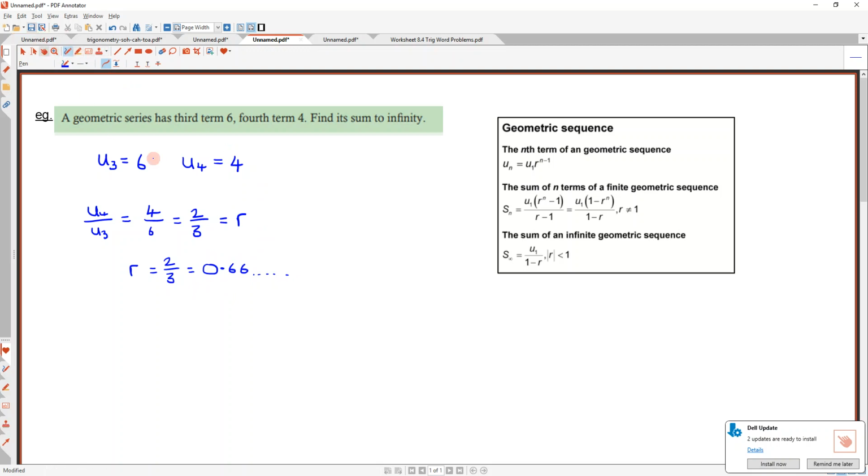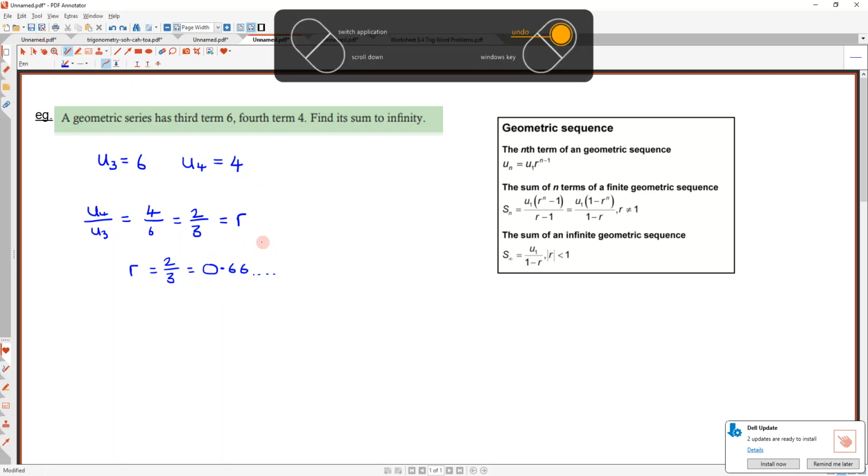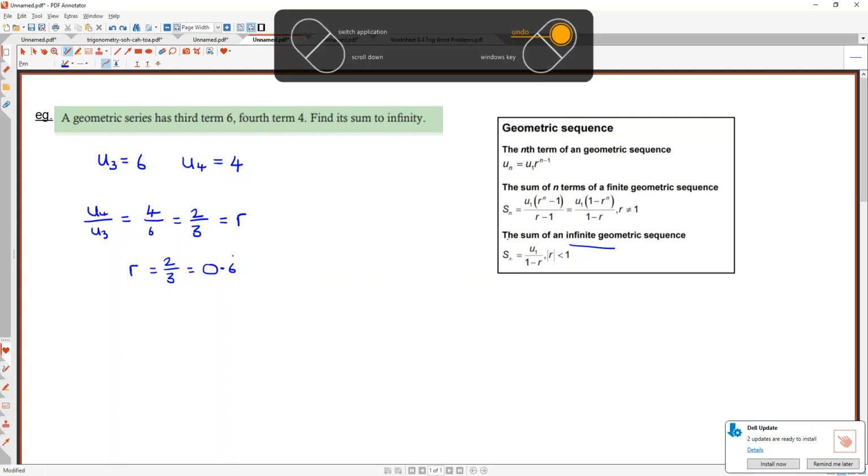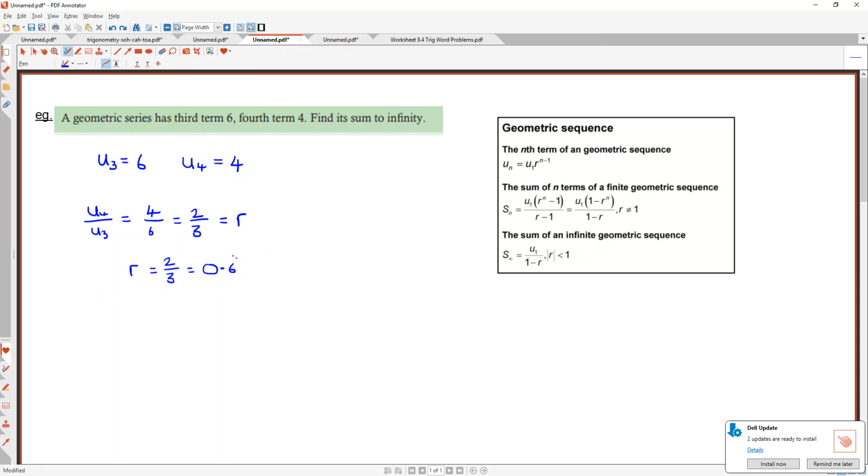Even though I don't particularly like it, what would be a better way to write it rather than 0.66 with the dots? If you do that, or the line on top, then fair enough, that's okay. But it's going to be easier when you come to work out, say, the sum, because that way you're not dealing with decimals. Fractions are a lot easier to deal with, I promise.